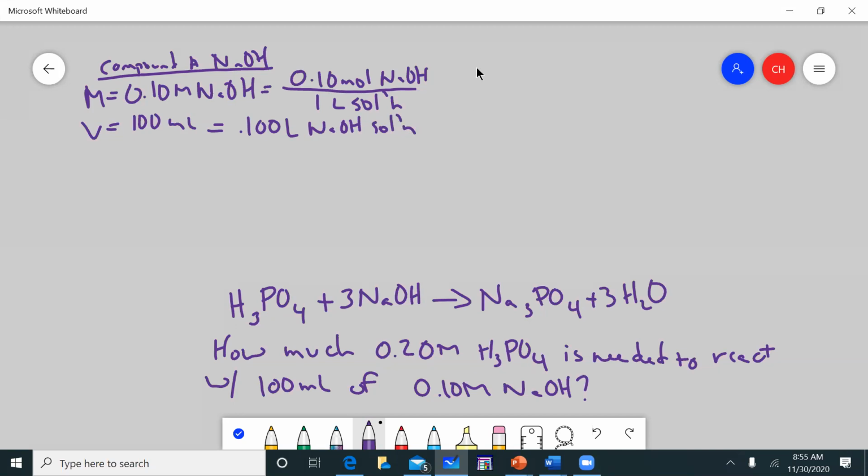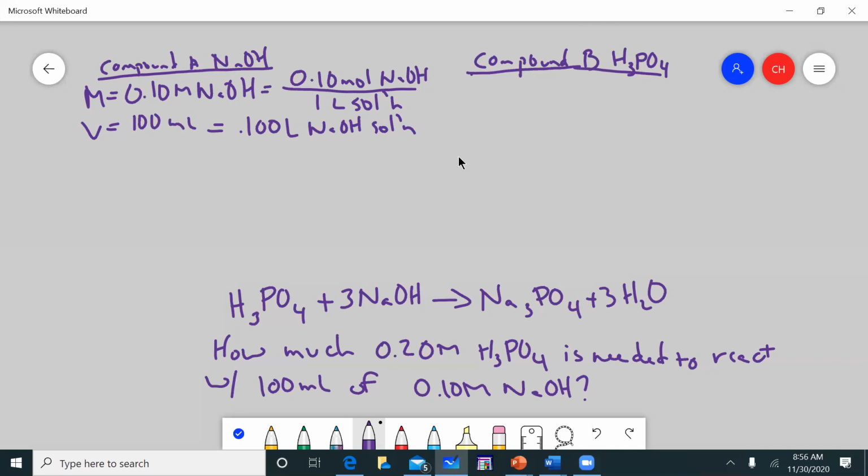The next thing I'm going to do is identify compound B. So compound B here is the other thing, whatever the other guy is. So in that case, it's this H3PO4.